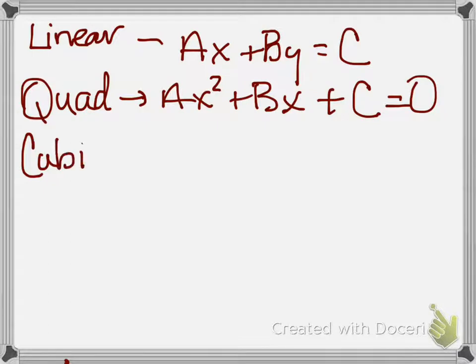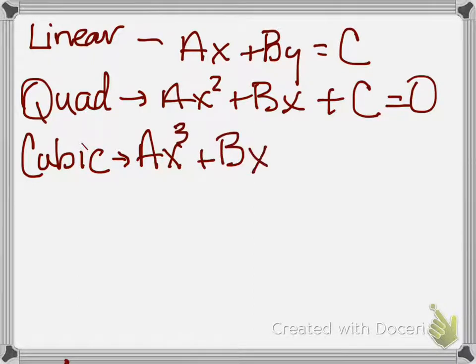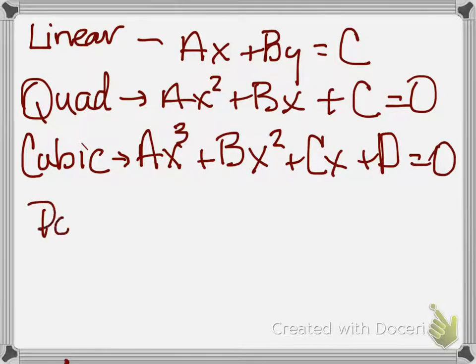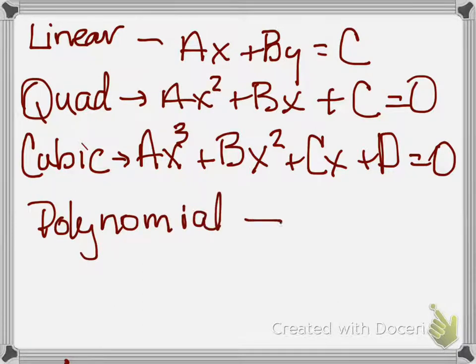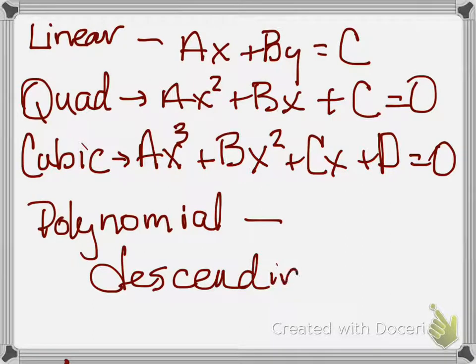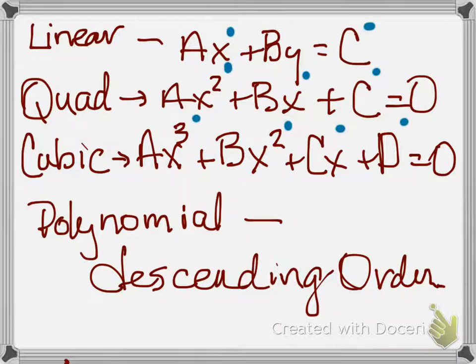In a cubic equation, or a cubic function with the highest power of 3, then we would write that as ax cubed plus bx squared plus cx plus d is equal to 0. If you'll notice, these are all the standard forms of each type of equation. So in a polynomial, you will write it in standard form by writing it in descending order of your exponents.